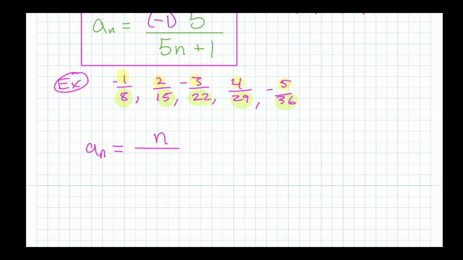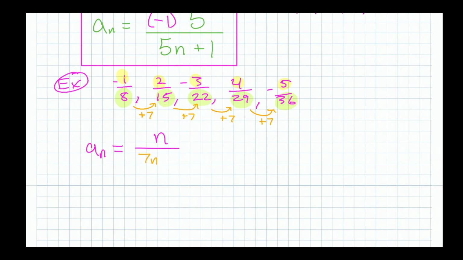Again, that doesn't look like exponents to me. So if it doesn't look like exponents, I'm going to hope that it just counts up or something. So from 8 to 15, what do you do? You add 7, right? And from 15 to 22, you add 7. Add 7. Add 7. So the way to do that is 7n.